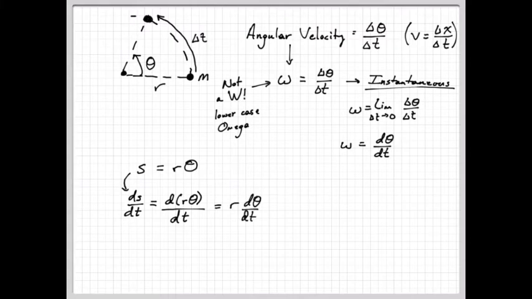Then on the left side, the derivative of a linear distance over time is what we define as the velocity. Then we have the radius times the derivative of angular position over time, which we have defined as the angular velocity. So this represents a way that we can convert between a rotational and linear quantity.